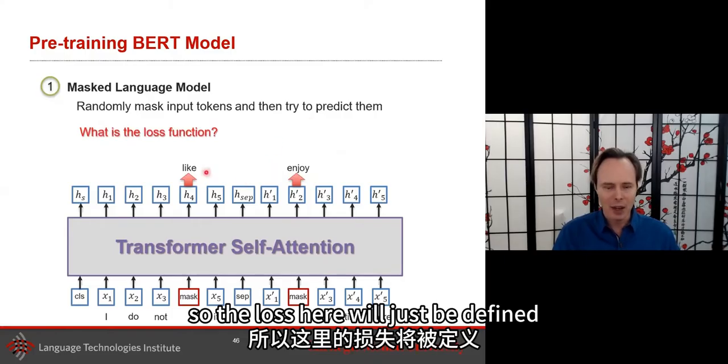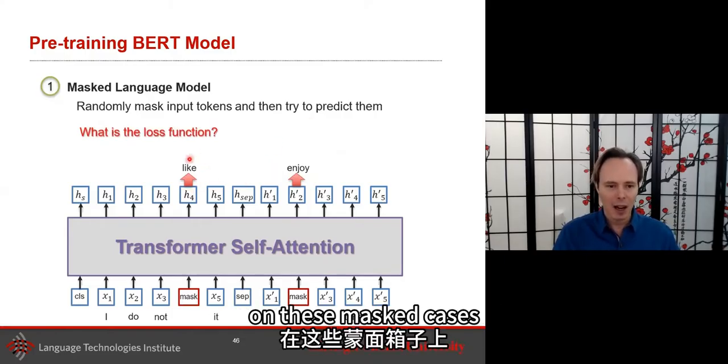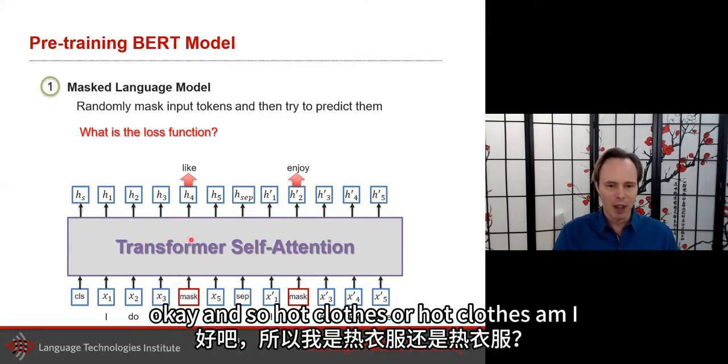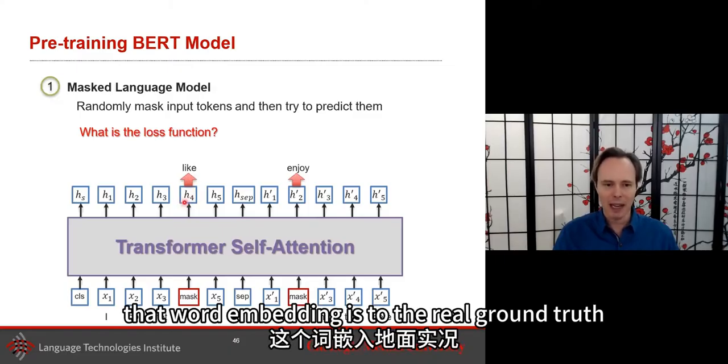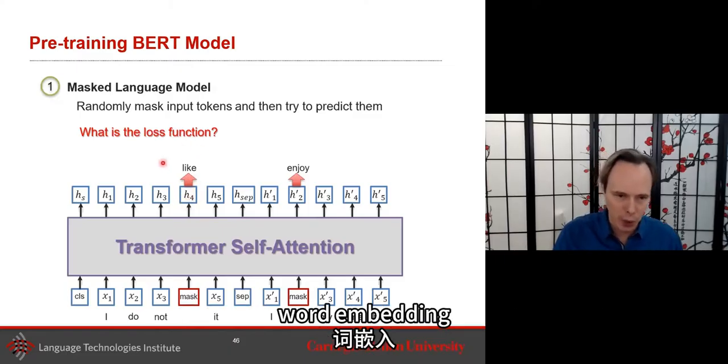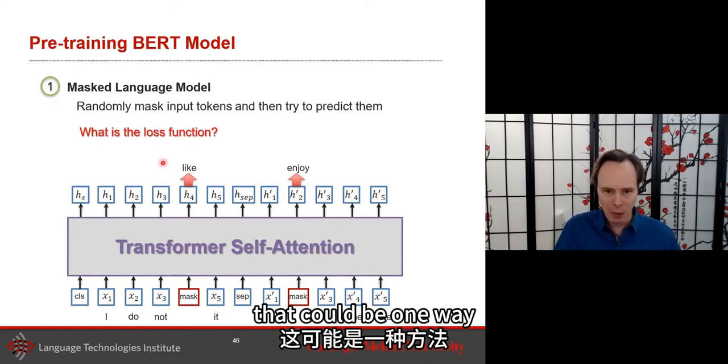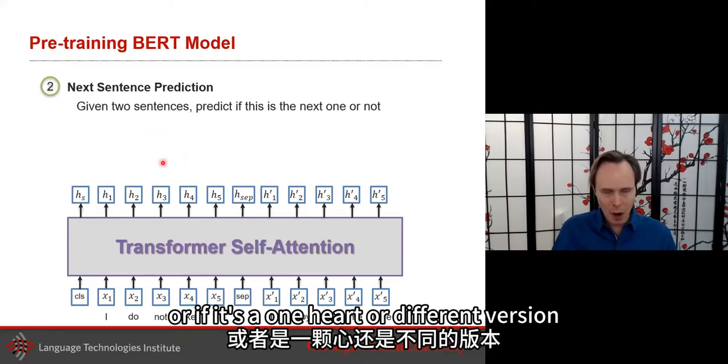So the loss here will just be defined on these masked cases. And so how close am I, if this is an embedding, how close that word embedding is to the real ground truth word embedding. That could be one way. Or if it's a one-hot or different version.